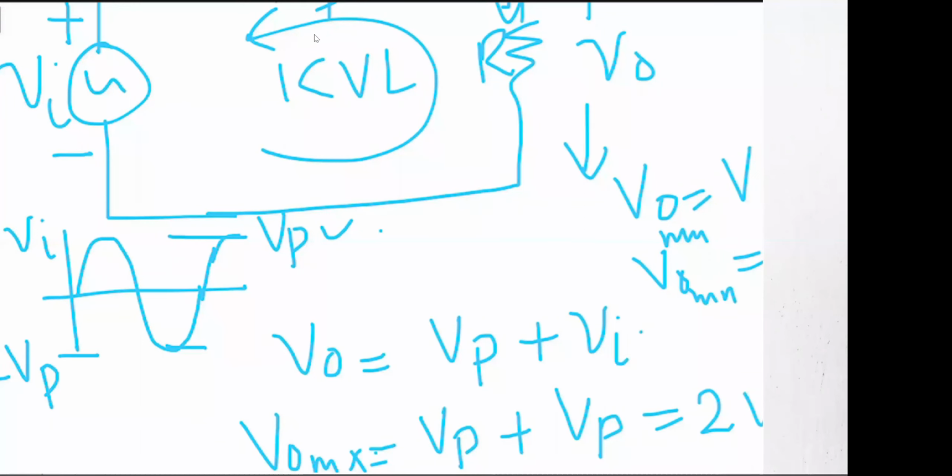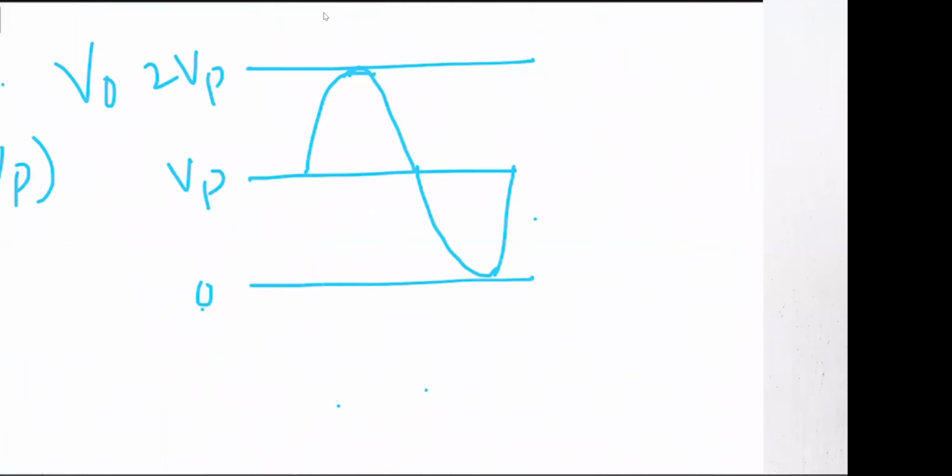So the capacitor is just working as, if you see in the waveform at the output, we have VP, right? This VP is basically the charge accumulated across the capacitor.